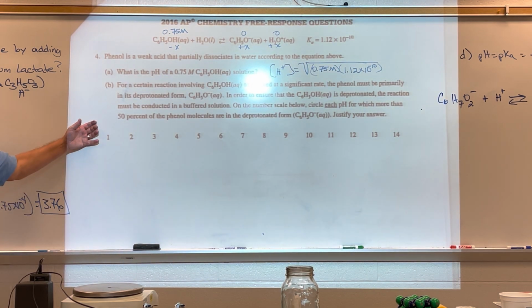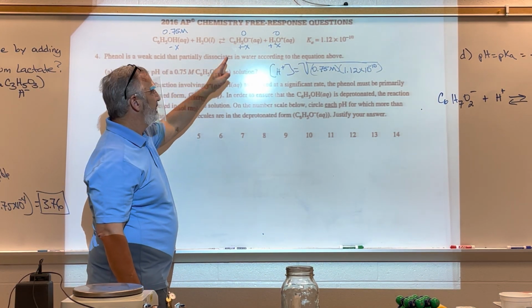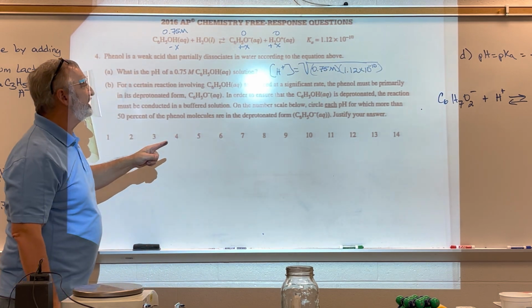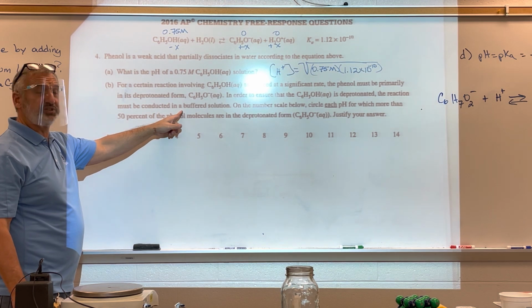Now this is the good one. It says for a certain reaction involving phenol to proceed at a significant rate, the phenol must be primarily in its deprotonated form. The C6H5O minus needs to be in this one. In order to ensure that that is deprotonated, the reaction must be conducted in a buffered solution.